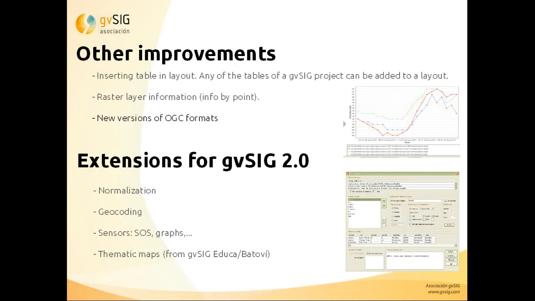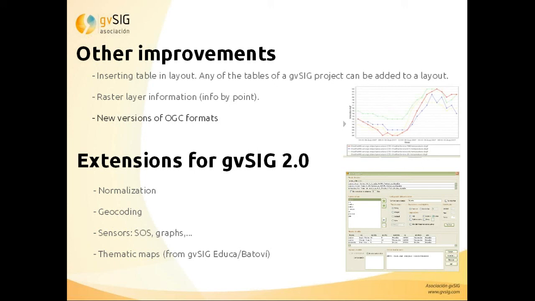To finish, other improvements in this version are the tables in the layouts. For example, the info by point tool for raster layers. It was only for vector layers. The info by point, and new versions of the OGC formats.